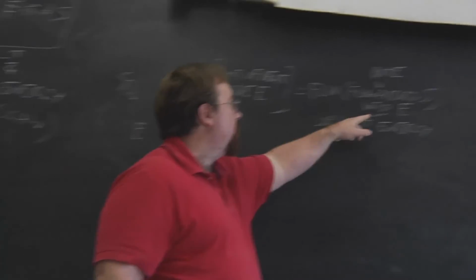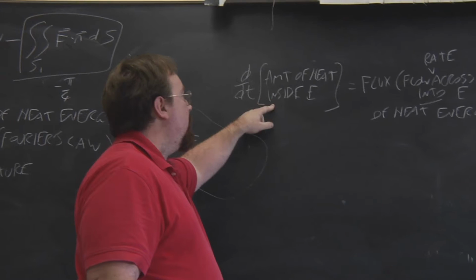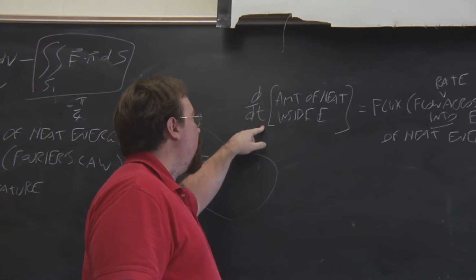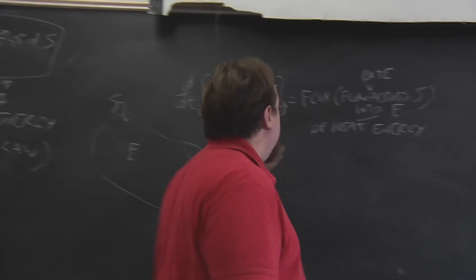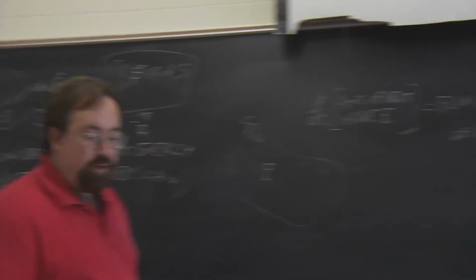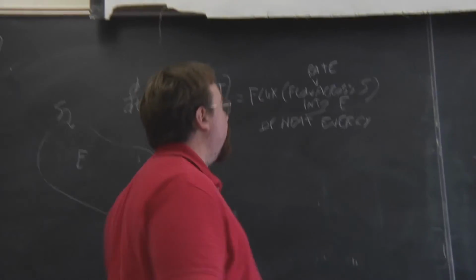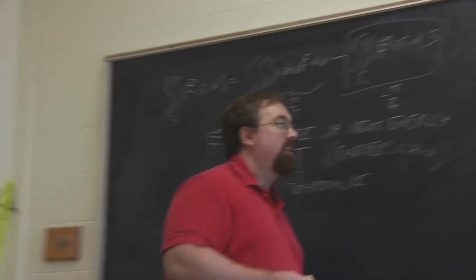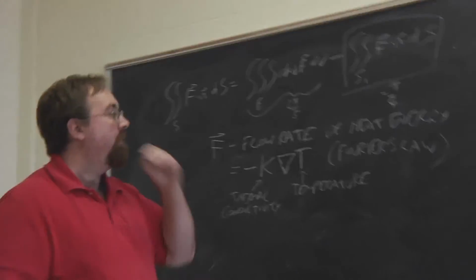And we have to say into the solid, because if we're getting more heat energy inside, then this rate of change is going to be positive. It's going to be increasing. So we want that to match with this sign, the flow rate across the surface, and that's why we say into the solid as opposed to outward flow.